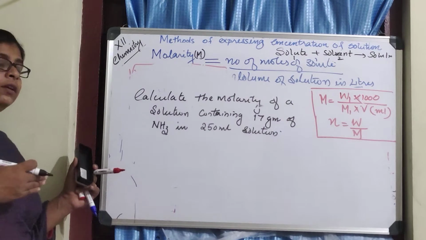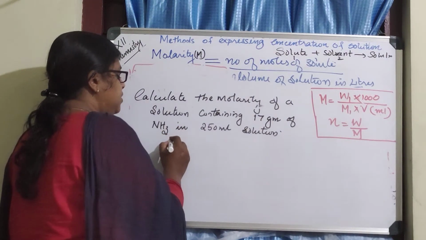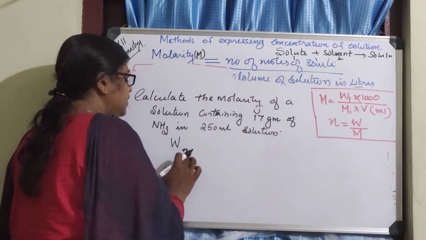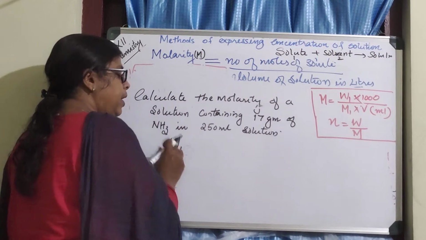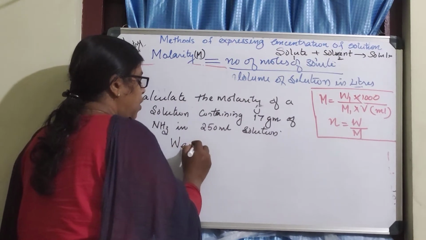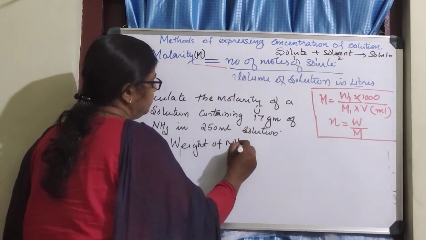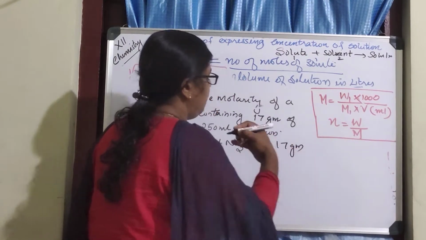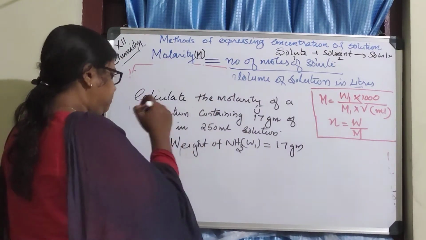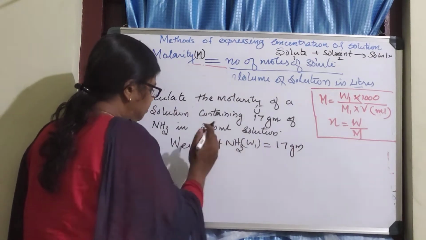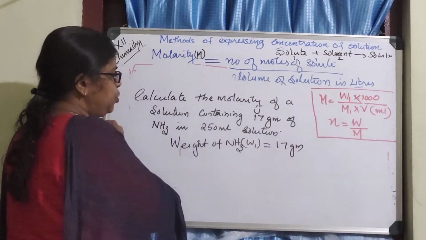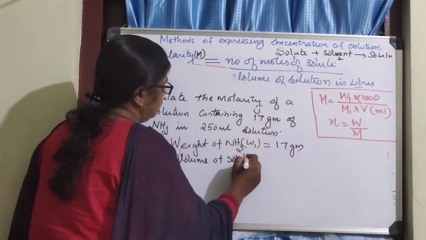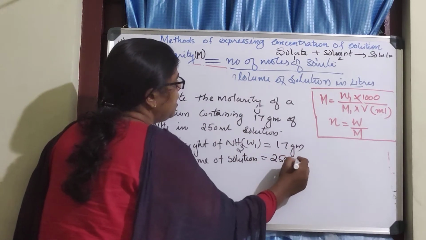So which is the solute here? The solute is ammonia. So we can write W NH3, that is weight of NH3. Ammonia is taken as the solute, so weight of NH3 is W1, that is equal to 17 gram. Now, ml of solution, that is the volume of solution, yes, 250 ml.